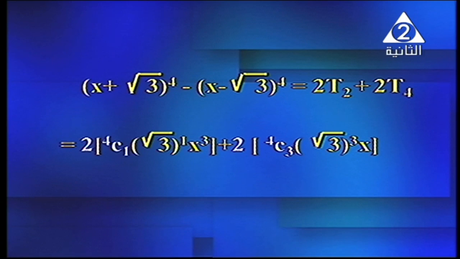By using the binomial theorem, the left hand side became 2 times t2 plus 2 times t4.